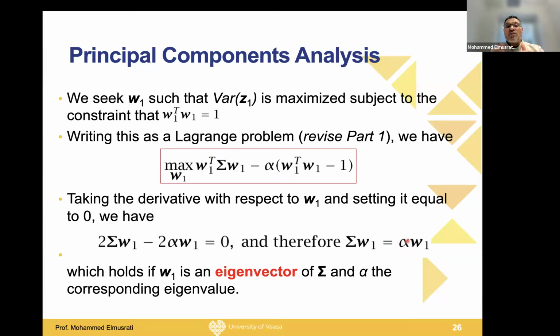Now we solve for the first principal component. The first principal component, W1, is nothing but the eigenvector of the covariance matrix associated with the highest, the largest eigenvalue.